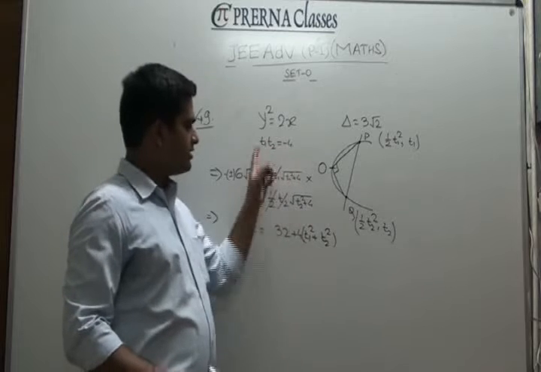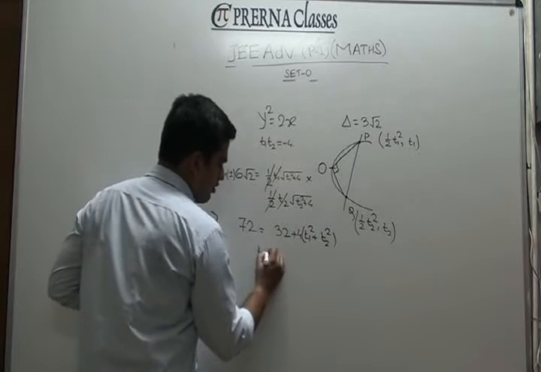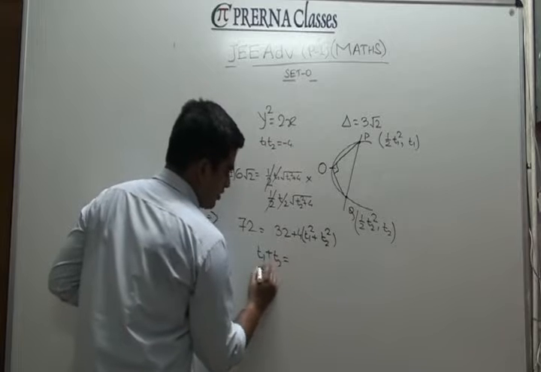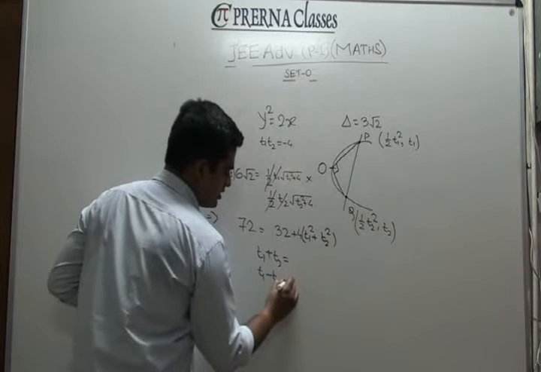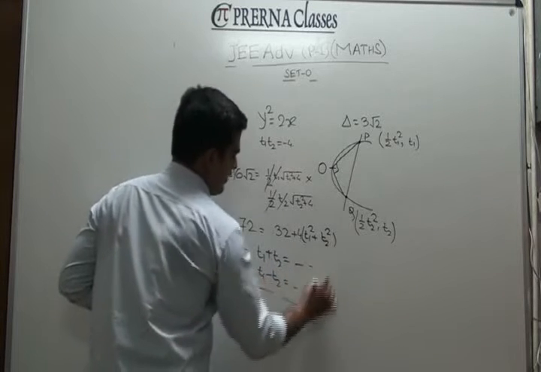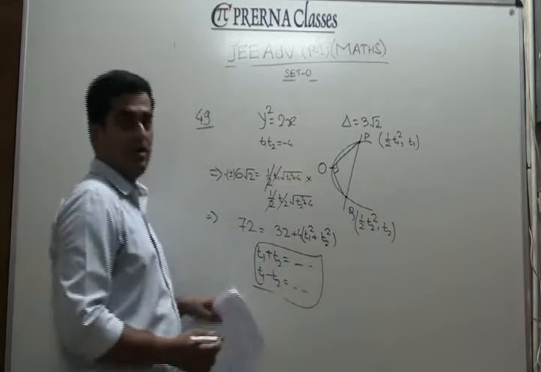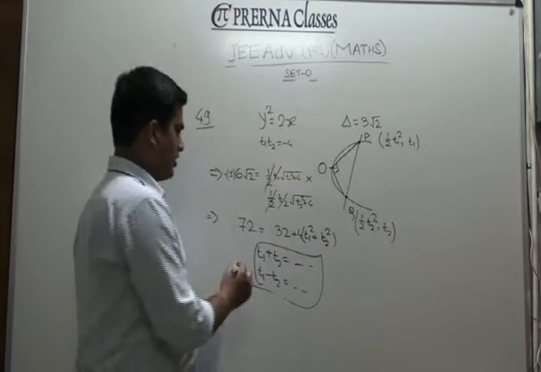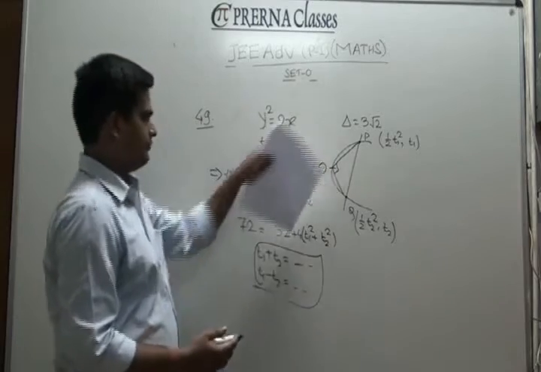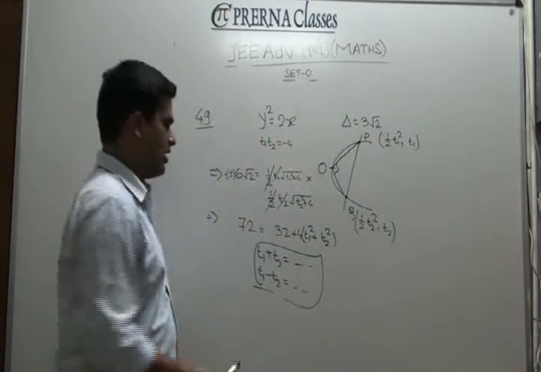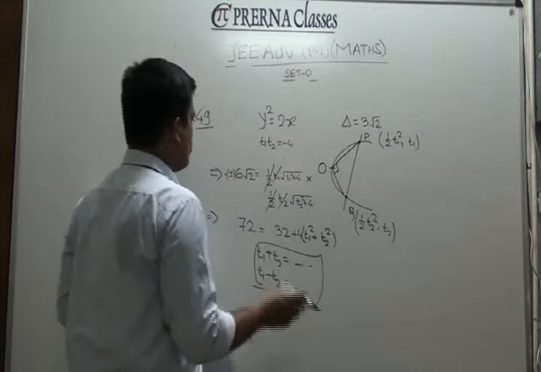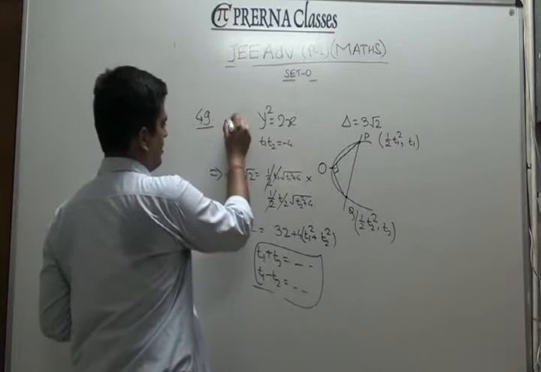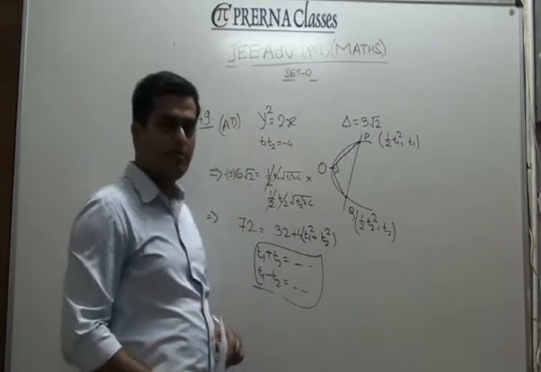Using the help of this and this equation, you can figure out what is T1 plus T2. You can then figure out what is T1 minus T2, and hence you can find out what is the value of T1. Just accept those values only which are positive, since P is in the first quadrant, and that is going to give you two options correct, that is A and D for that problem.